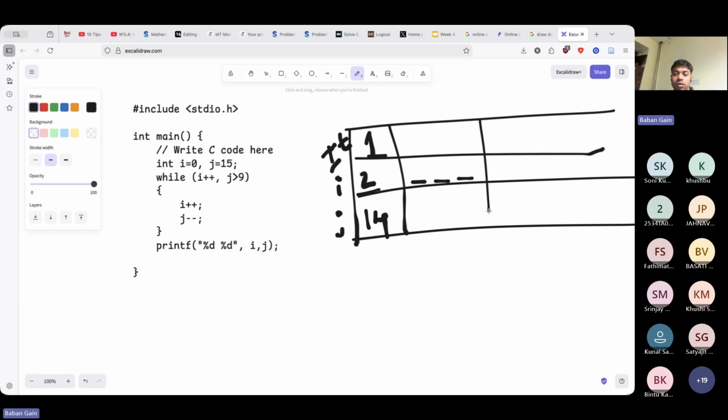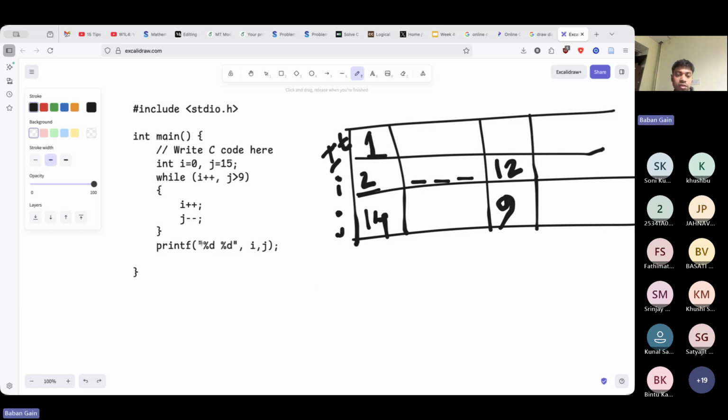At the end, what will happen? Whatever iteration that is, we have i equal to 12, j equal to 9, right? And we are at this stage.